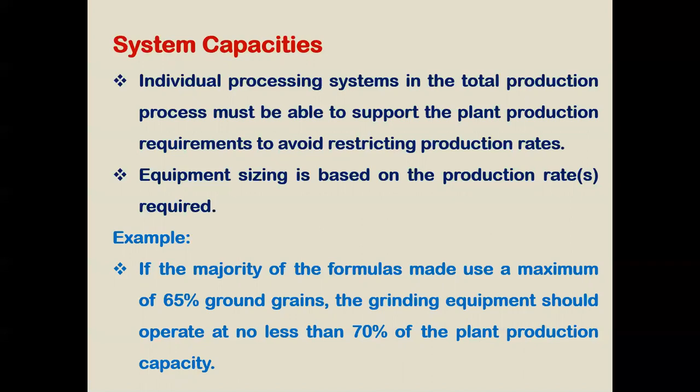So the running cost of the equipment depends on the type of ingredients. Here, if you are using 65% grains, we should grind them, so grinding time is more when we use more quantity of grains. Like that, the running cost of the hammer unit should be more.